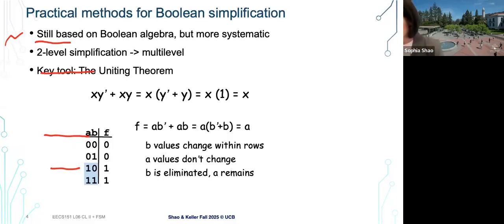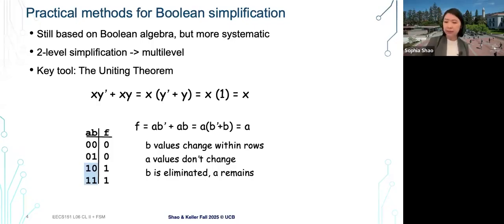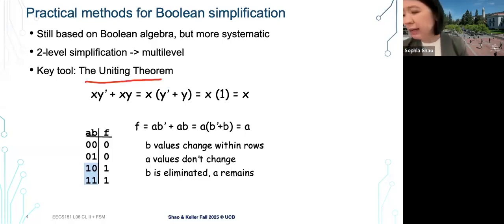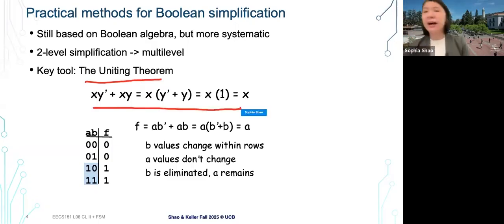So with that, when we think about the way we apply Boolean algebra, we talk about the different laws here. In particular, one theorem is very important, what we call the uniting theorem. Basically, you can simplify the term and cut one variable.